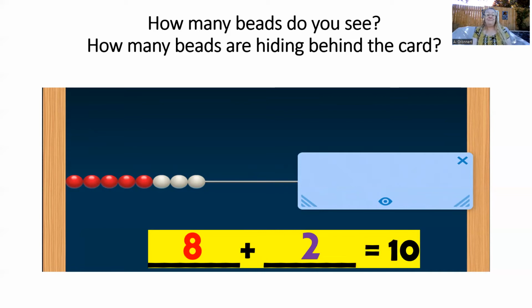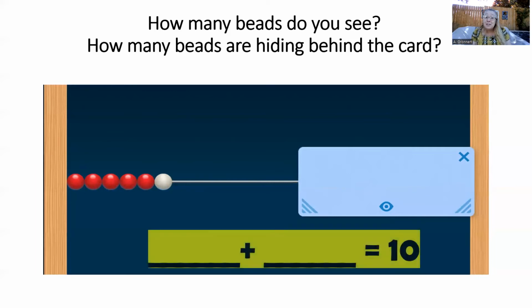I love it. Okay, how many beads do we see now? Can you make it on your number rack? You do? You see 6 beads? I did too, 6. So if there are 6 beads, how many more beads do you need to make 10?